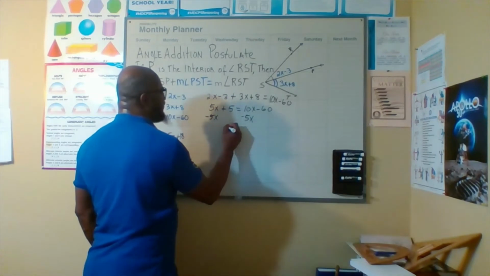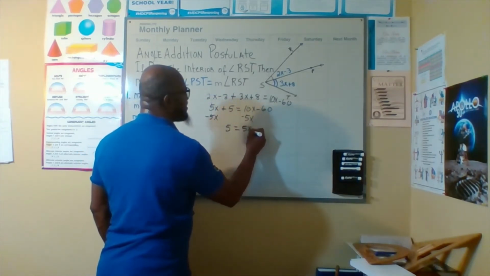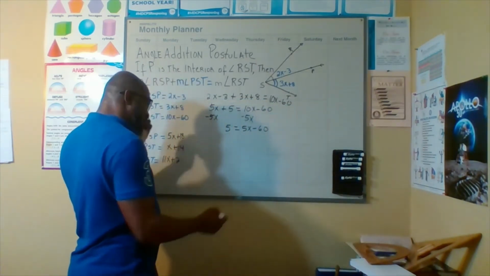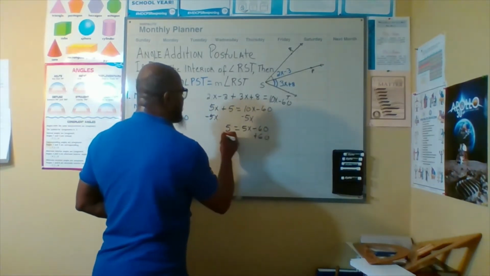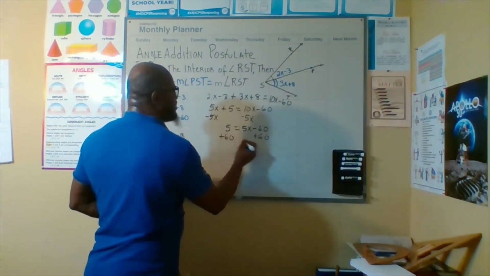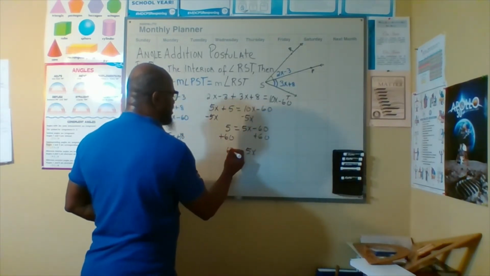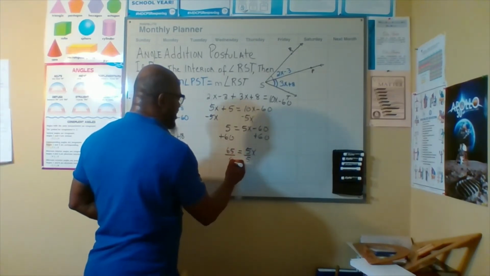You will end up with 5 equals 5x minus 60. Our objective is to have x on one side, so we have to move this 60 by making it positive 60 on each side. So you will end up with 5x equal to 65. Divide both sides by 5, then we will know what x is.